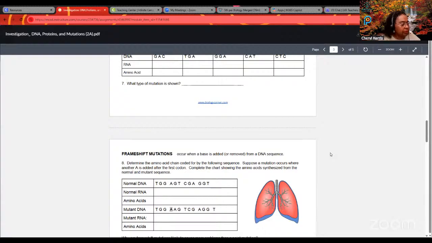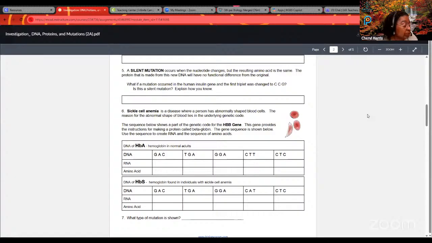I printed mine, so I tore the page off so that I have it separate and can glance. What we're up to now are these different types of mutations.